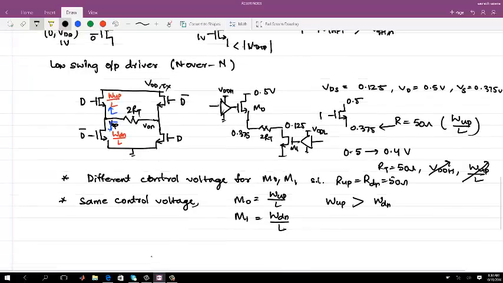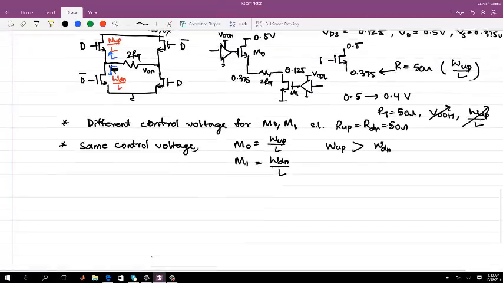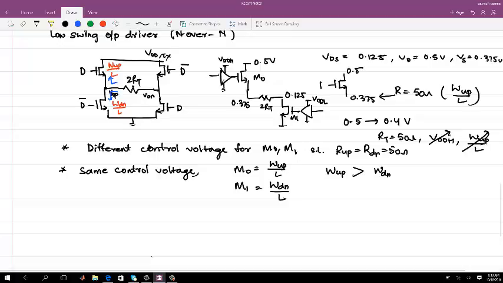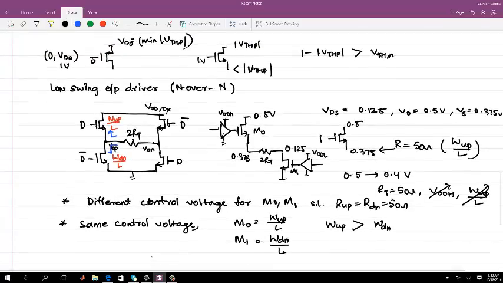So one of the ways, let me say, in all these cases, particularly for NMOS, you actually try the voltage control a lot rather than the size control. So the thing is, you design for the maximum swing you want.